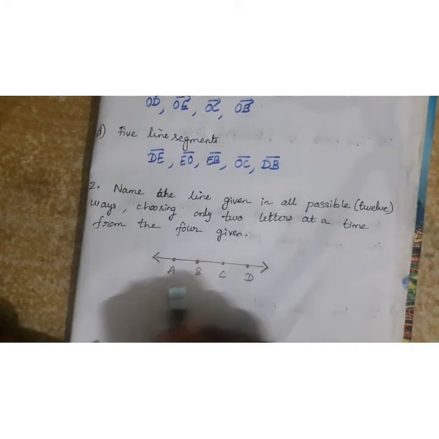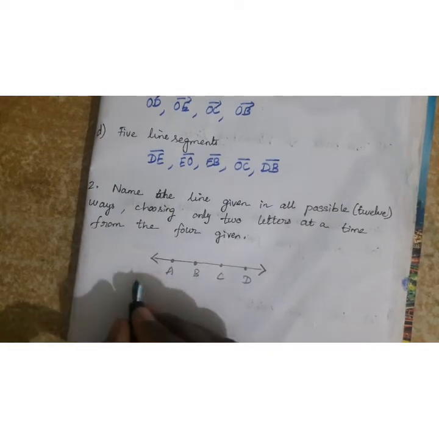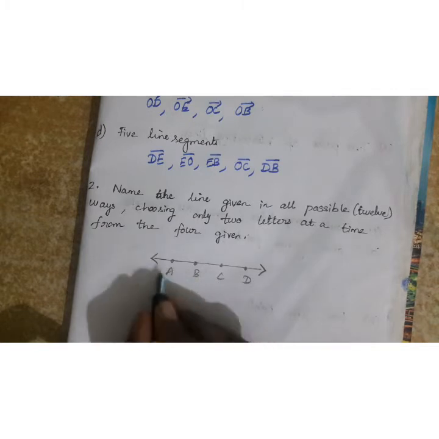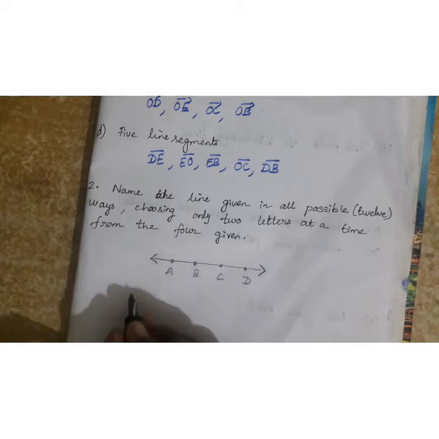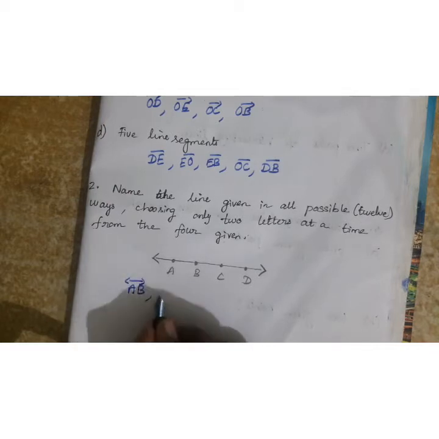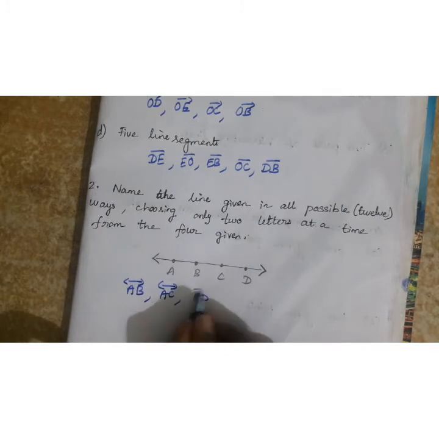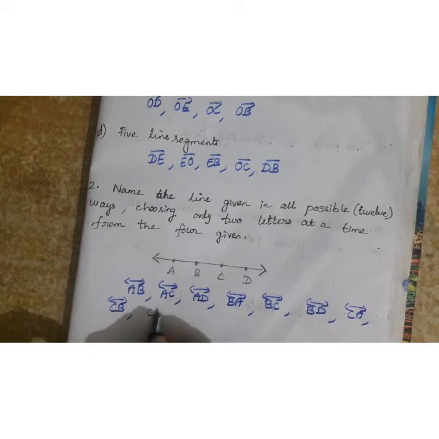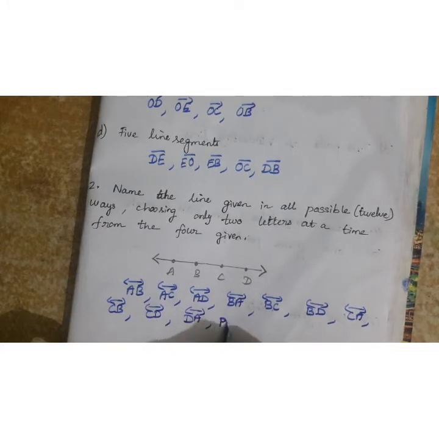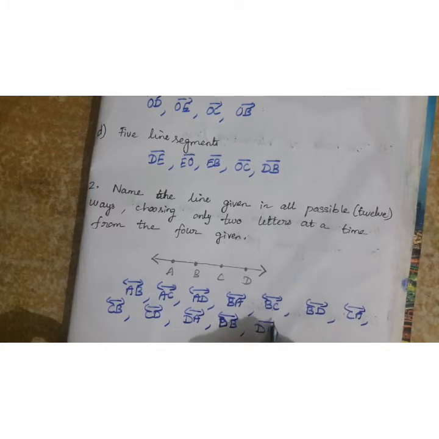So AB, AC, AD, BA, BC, BD, CA, CB, CD, DA, DB, DC.